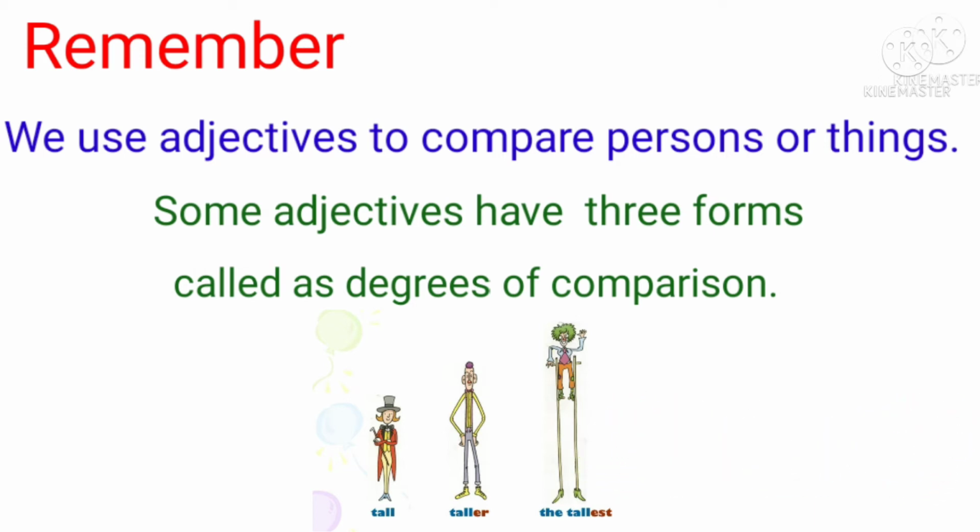For the first person, the adjective I used was tall, so I said Suresh is tall. When it comes to comparison between Suresh and Mohan, I have to say Mohan is taller than Suresh.